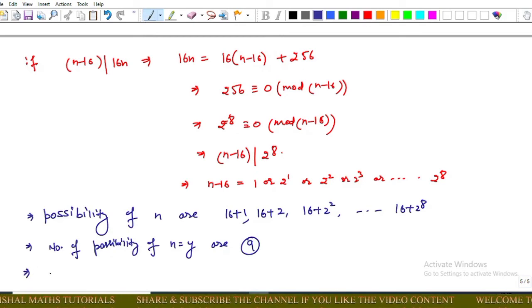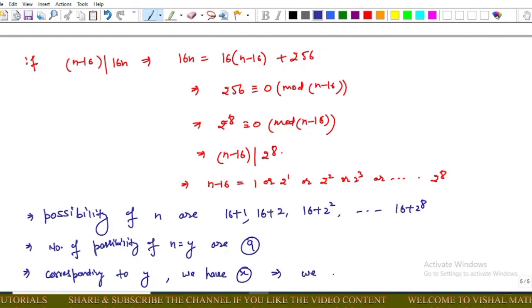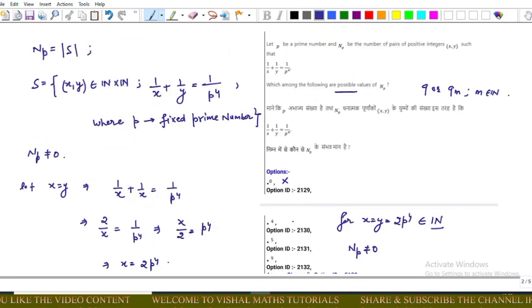This implies that corresponding to y, we have x, so we have either 9 or a multiple of 9 possibilities, where m belongs to the set of natural numbers. So coming to the options: option B is incorrect, option C is incorrect, and option D is correct. This is a 4.75 marks question.